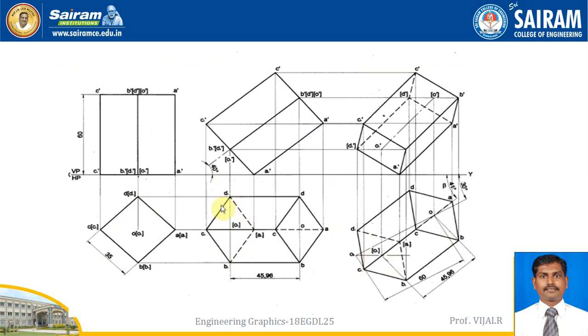Like this here, the true axis, this is the inclined one. We are getting the top view, this is the axis after inclined to HP. The measurement here you can see 45.96, that is O1 to O dash. This is the distance we need to measure by dimension. Measure this and keep it here.